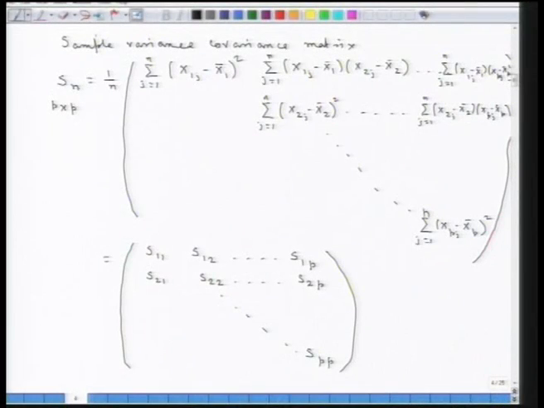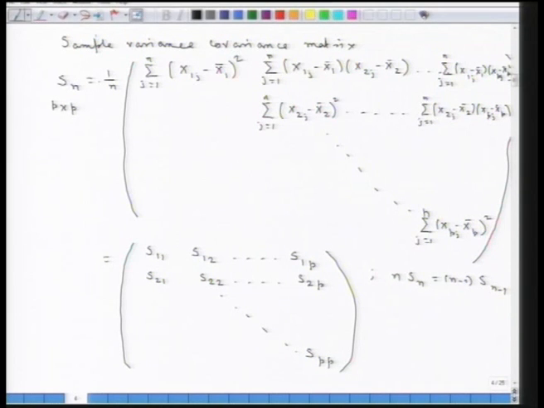So one could have also defined this in terms of this your S n minus 1 quantity. So we can say that n times Sn would be, in such a situation, given by n minus 1 Sn minus 1, right, where the Sn minus 1 matrix would be this matrix what we have with a divisor here as n minus 1, right.